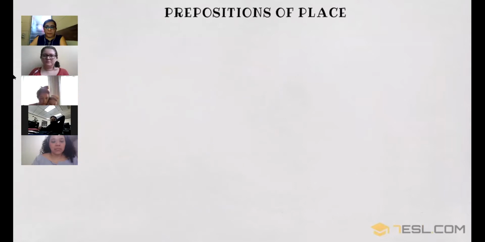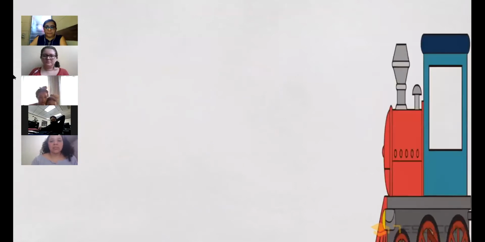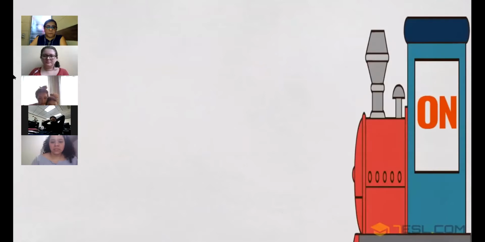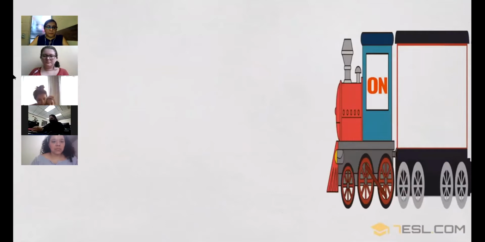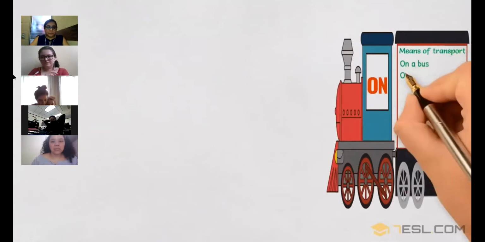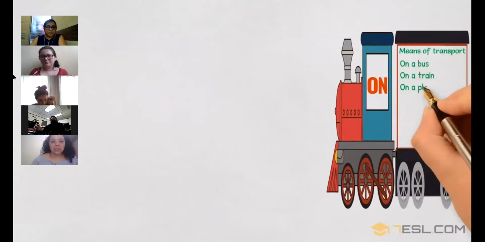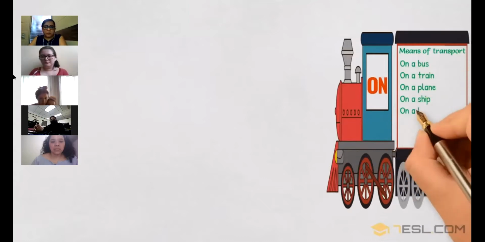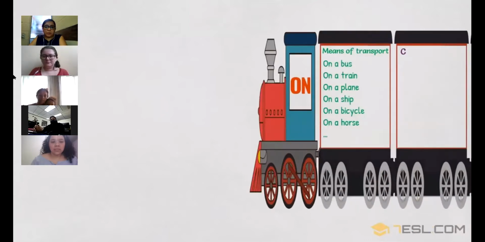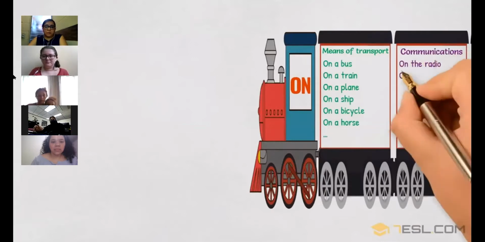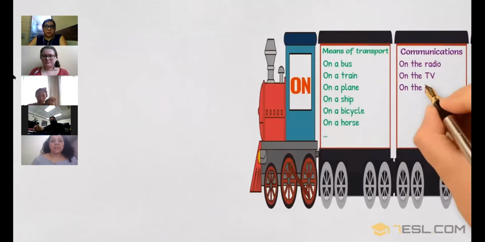Prepositions of place. On. Means of transport. On a bus, on a train, on a plane, on a ship, on a bicycle, on a horse. Communications. On the radio, on the TV, on the phone, on the internet.